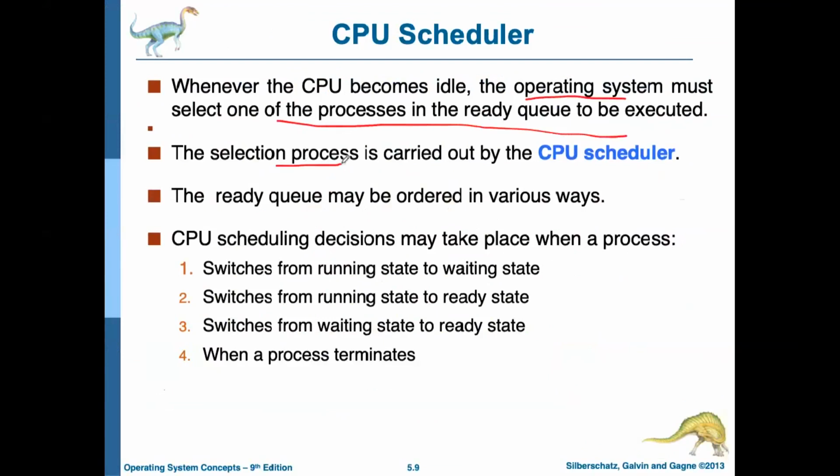CPU scheduling decisions may take place when a process switches from running state to waiting state, from running state to ready state, from waiting state to ready state, and also when a process terminates. So this is regarding CPU scheduling decisions.